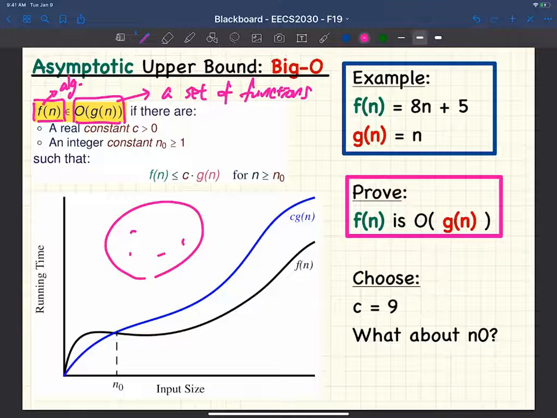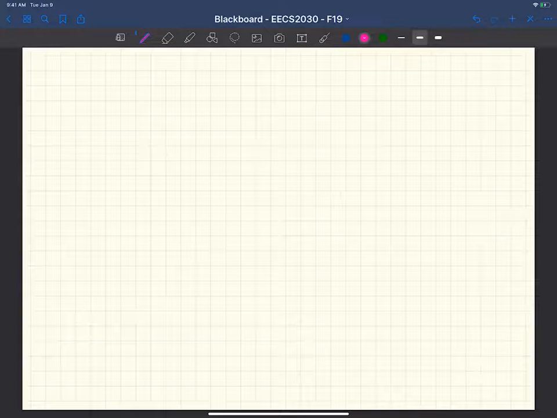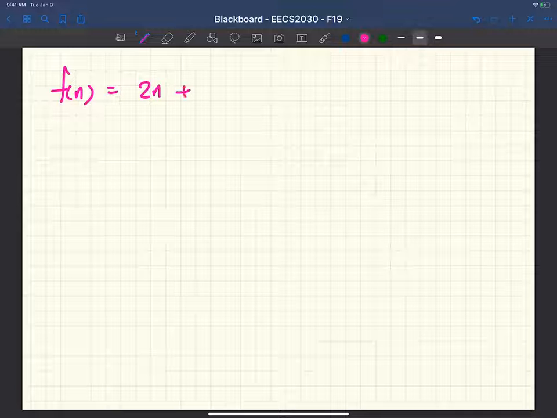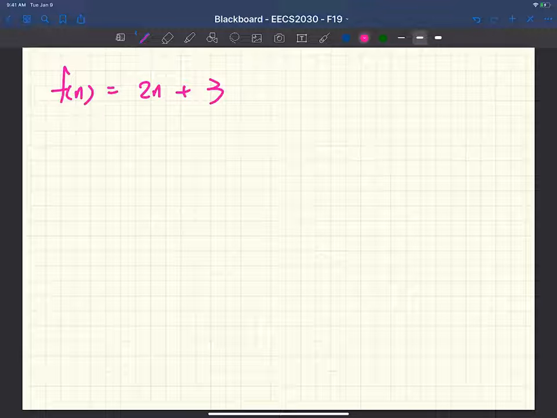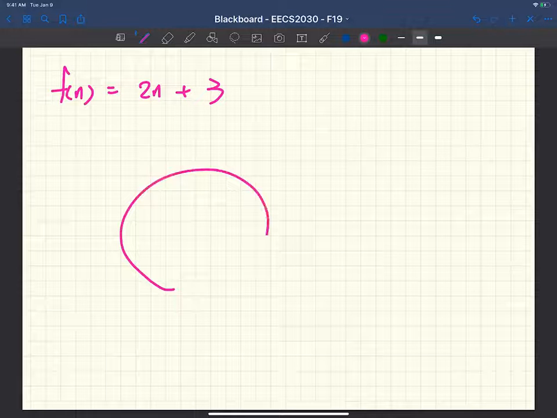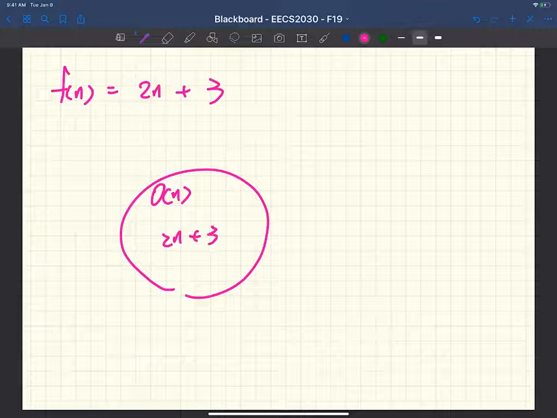Usually, a function may belong to many families. For example, let me mention very quickly, if f of n is simply 2n plus 3, the tightest family it belongs to is the so-called big O of n. So 2n plus 3 is just inside.